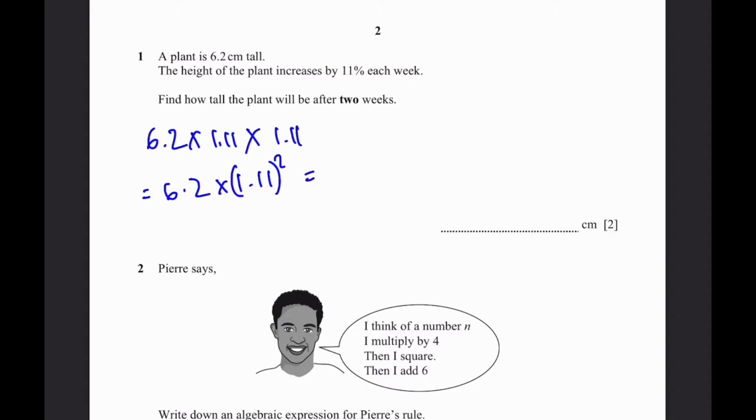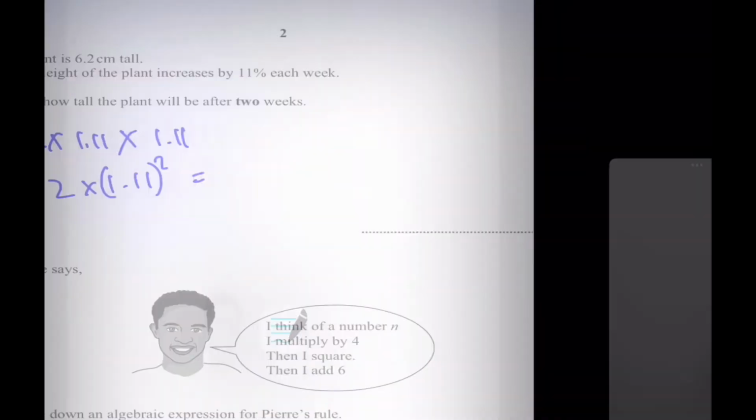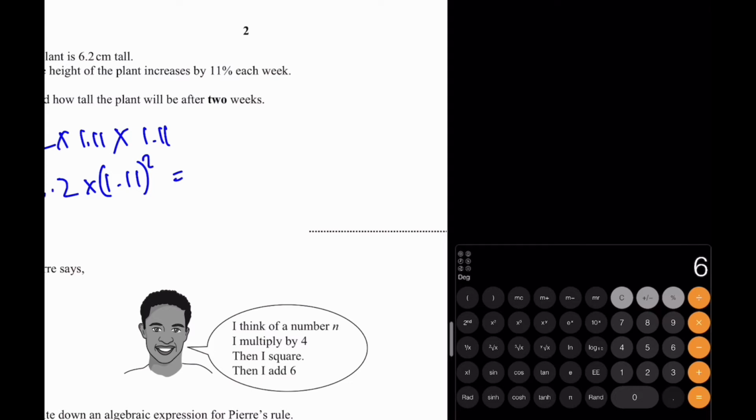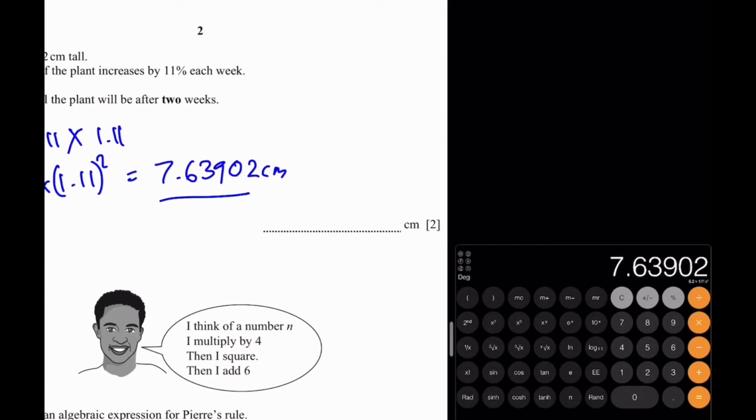Let's get our calculator out for this. Here we go. 6.2 into 1.11 squared is equal to 7.63902 centimeters. That's the answer.